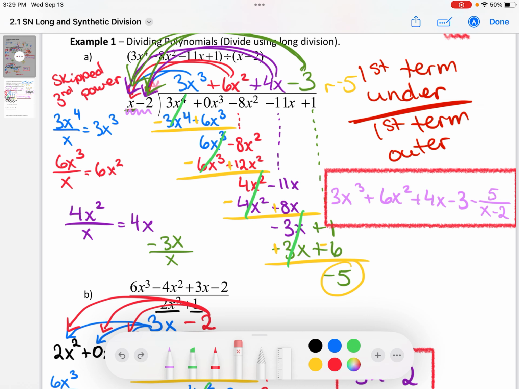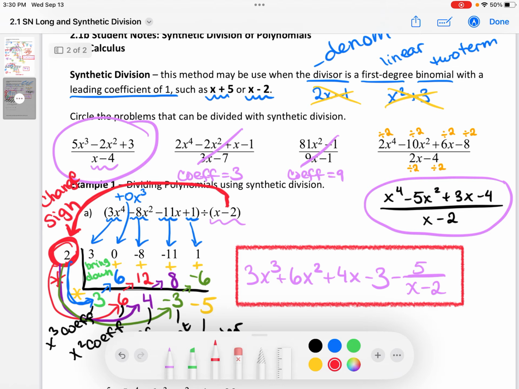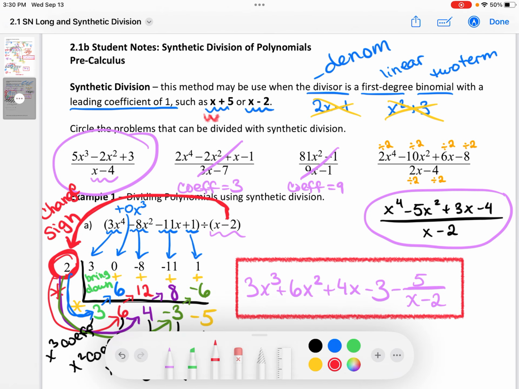And if we look at this answer, it's exactly the same answer. So, being able to use synthetic division can save you a lot of steps when it can be done. Remember, synthetic division can only be done with a denominator such as x plus 5 or x minus 2.